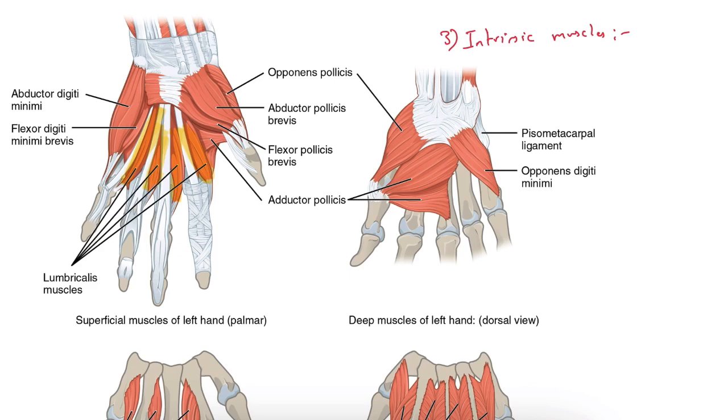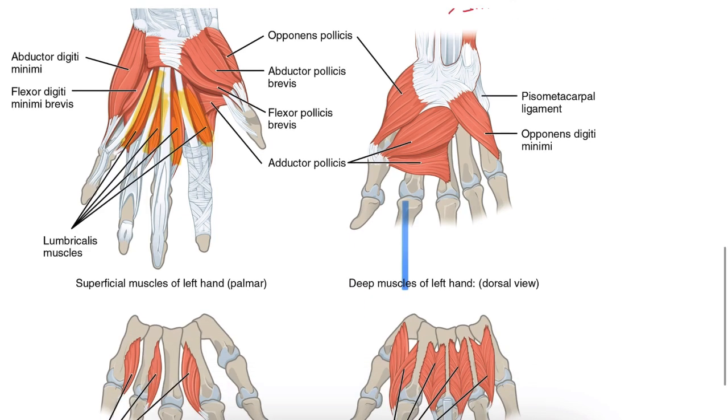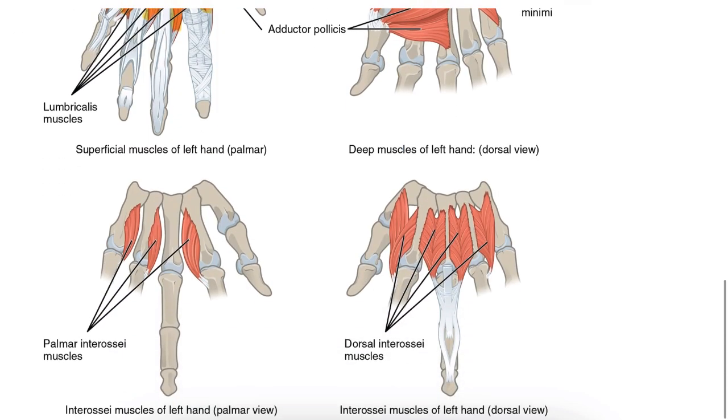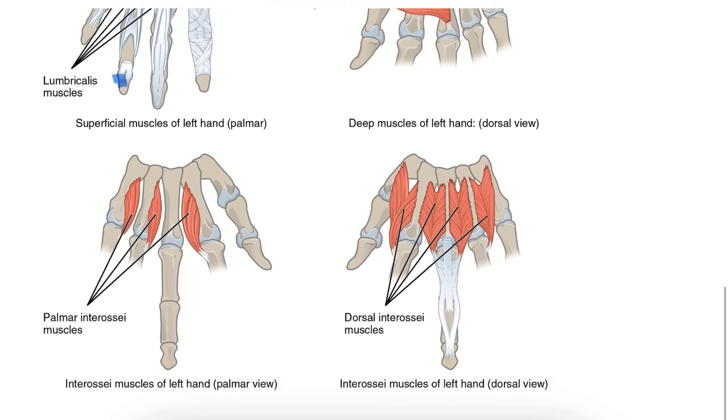Regarding the lumbricals, the first and second muscles are innervated by the median nerve, and the third and fourth are innervated by the ulnar nerve.